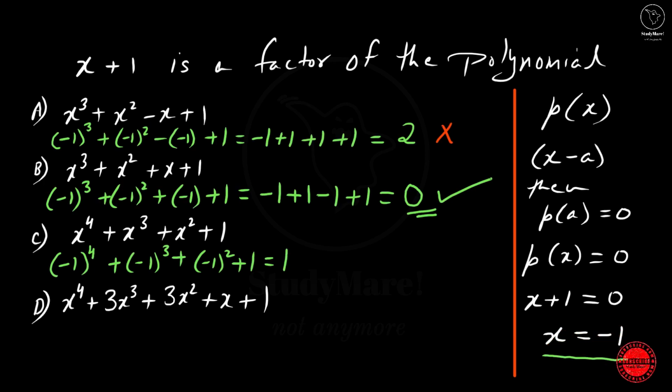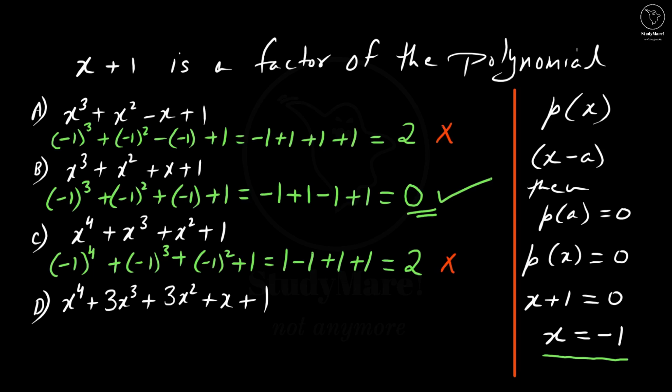(Minus 1) cube is minus 1 and plus is outside, so this becomes minus 1. Plus (minus 1) square is plus 1, plus is outside, so this gets as plus 1, and we already have plus 1 over here. This is equal to 1 plus 1 plus 1, 3, minus 1, that is 2, which means this is also not the answer.